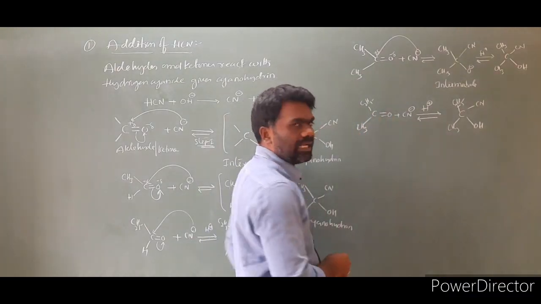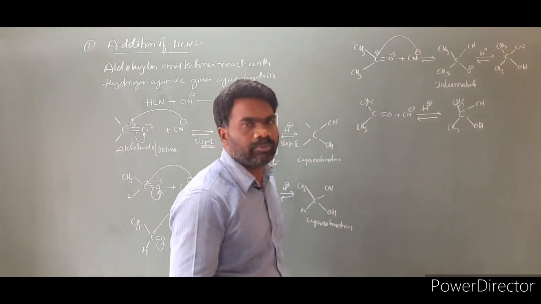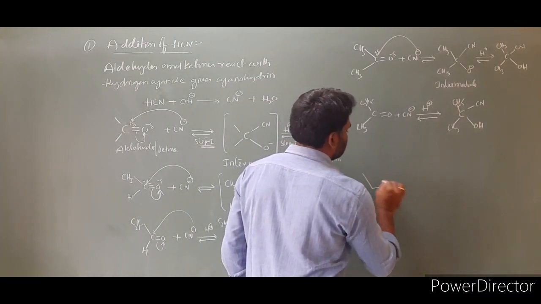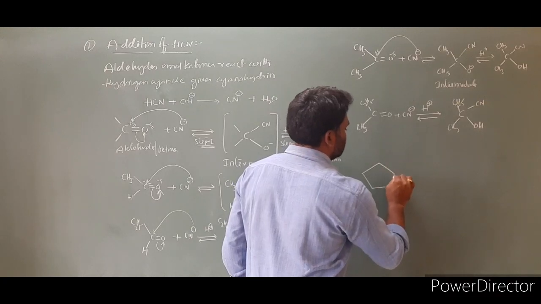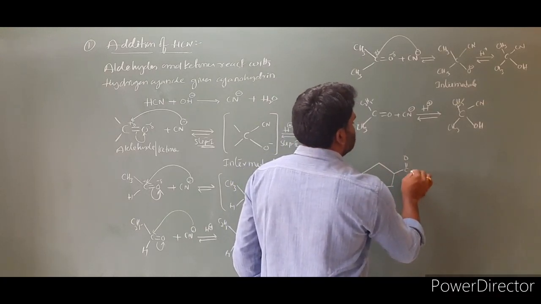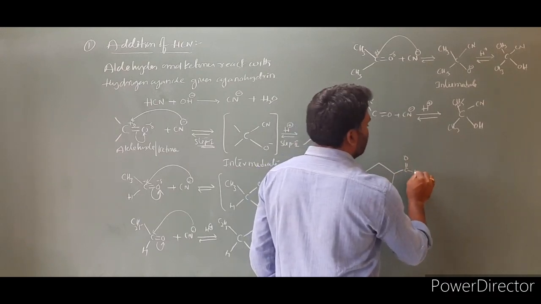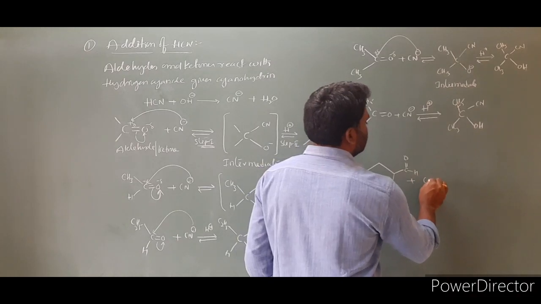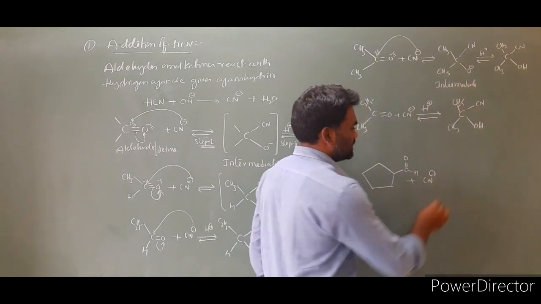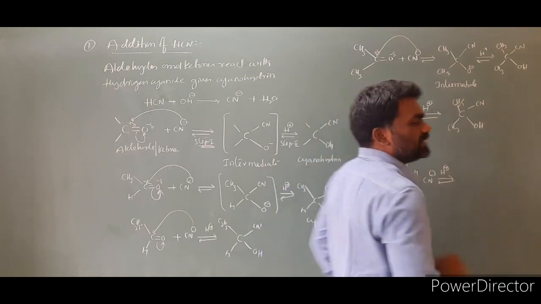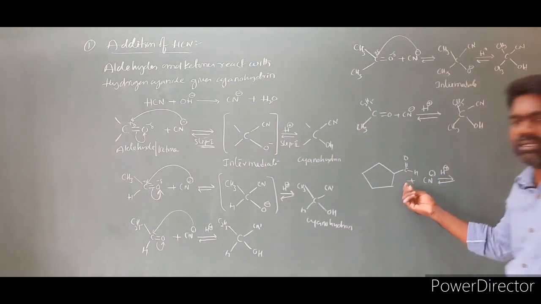We will take one cyclic compound. Suppose we have to prepare a cyclic compound. I am taking an example of C double bond O H, an aldehyde. This one is treated with CN minus, and again I am writing the two steps at a time with H plus. So this is an aldehyde adding HCN.